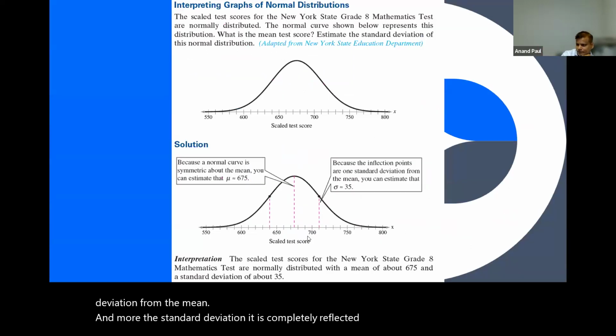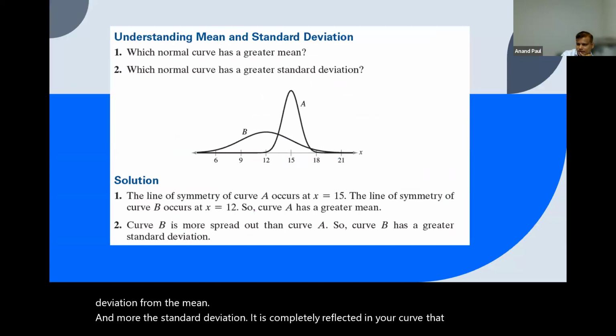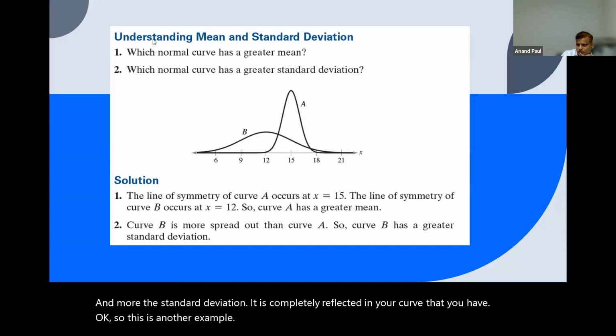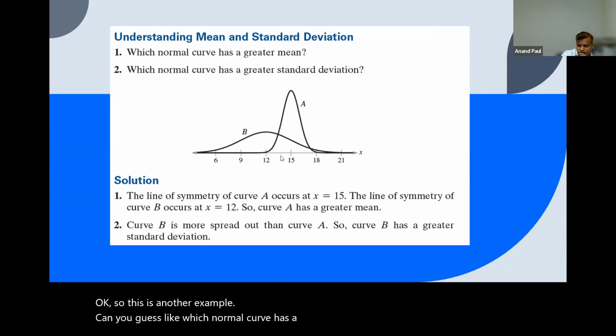Okay, so this is another example. Can you guess which normal curve has a greater mean among these two, and which normal curve has a greater standard deviation? That's something you can take home.